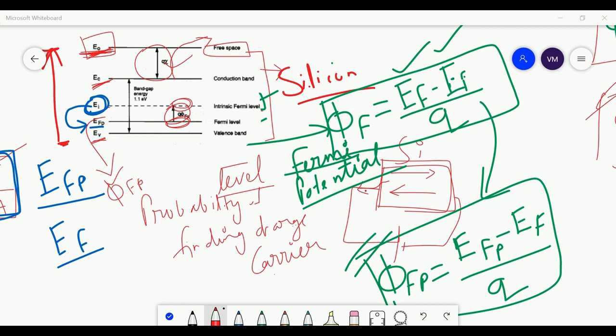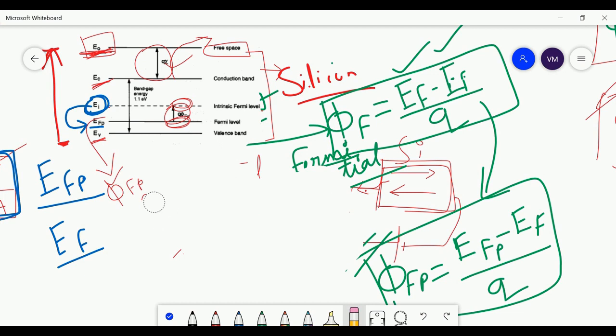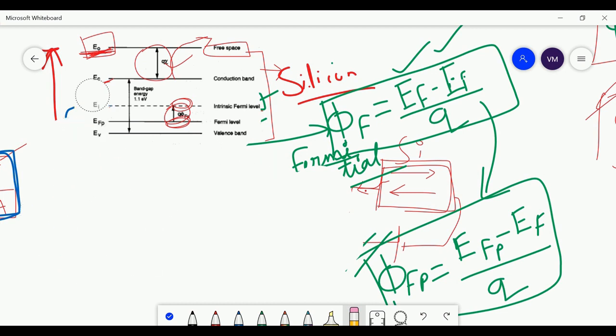Fine. So let me tell you the definition of work function. So the work function of silicon is, just a second, let me erase all these things. Yeah, so the work function of silicon.